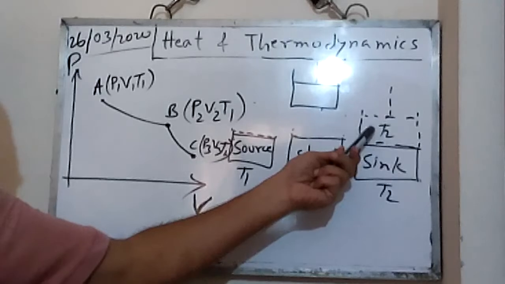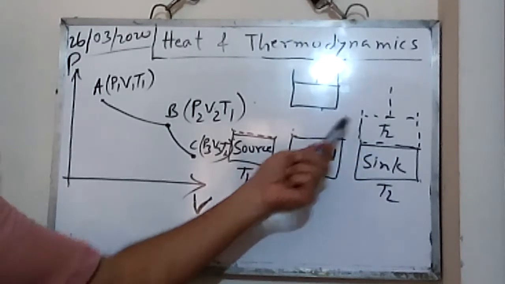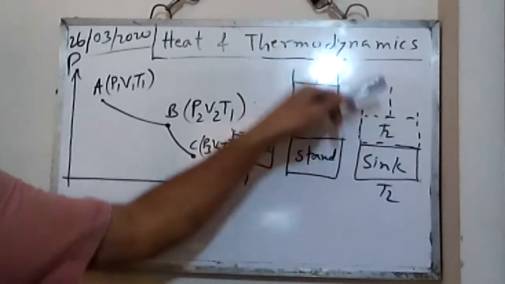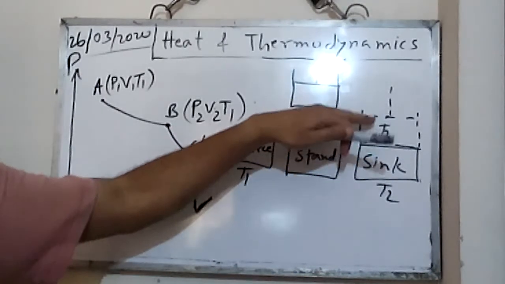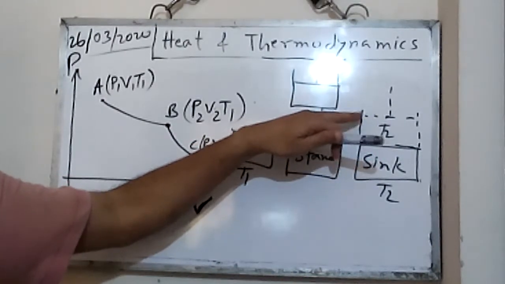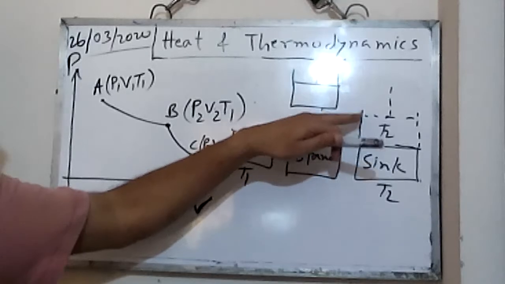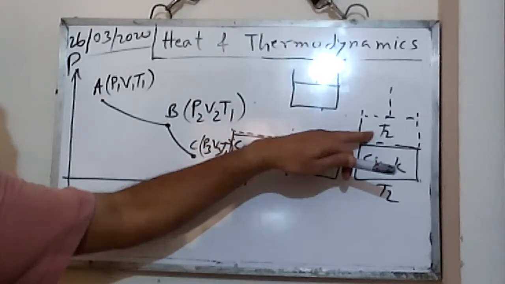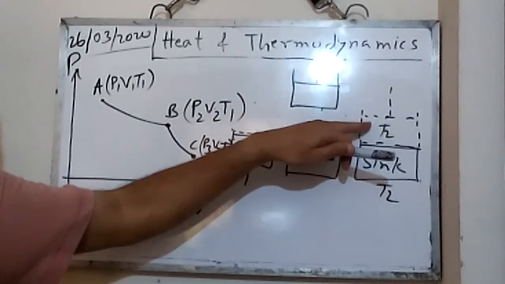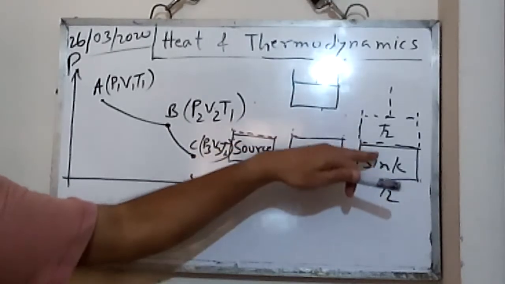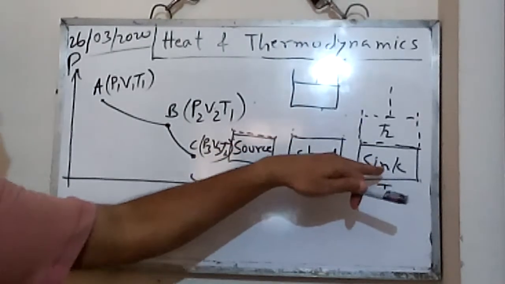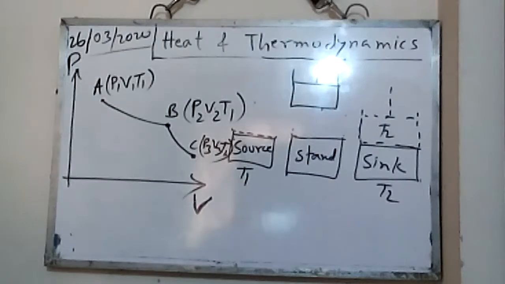The temperature was T2, and after compressing at the sink, the temperature should rise, but it doesn't, because the excess energy produced here is given out to the sink. Therefore, the temperature will be the same.